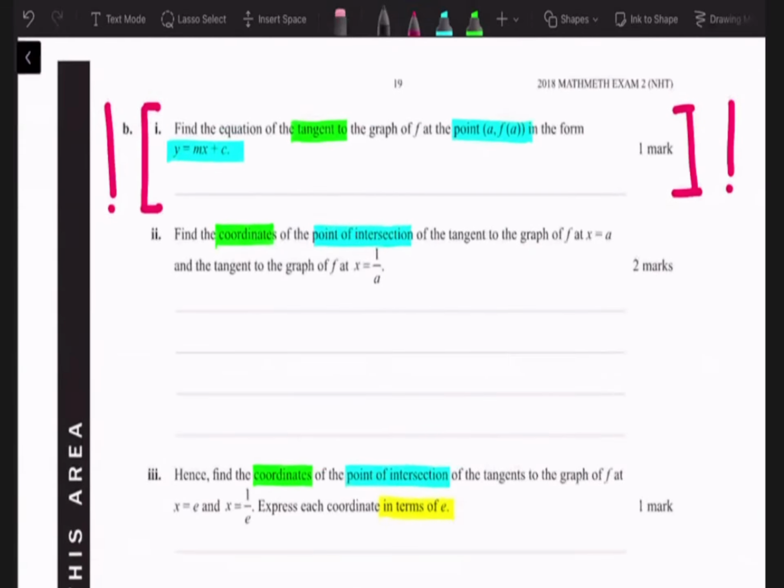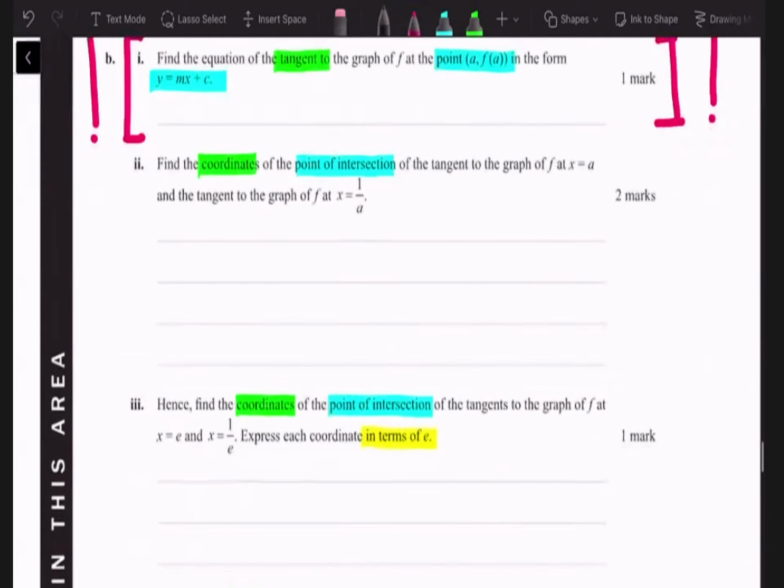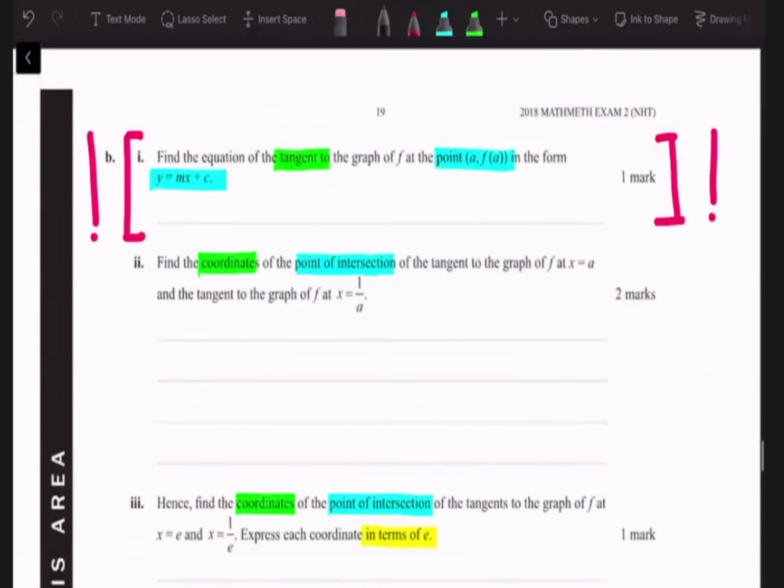So this question is really important because it generalizes the things you'll need for the rest of them. It's only worth 1 mark, but it's quite important. Find the equation of a tangent at a point A. Just on your CAS, use tan line in your calc menu, and you should get y equals ln a x plus a.